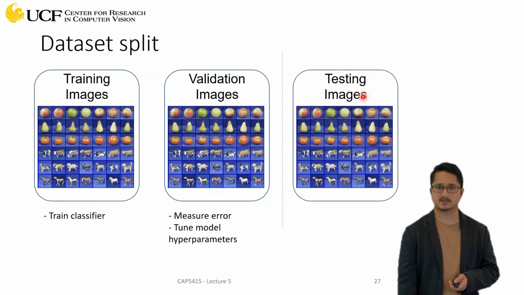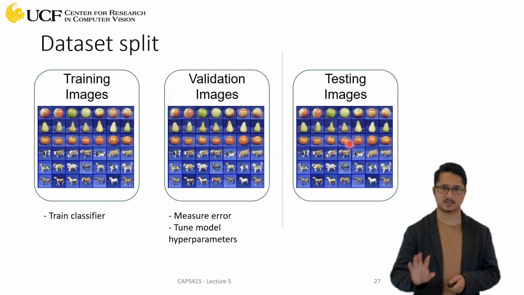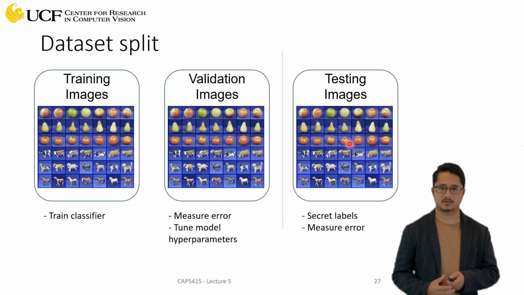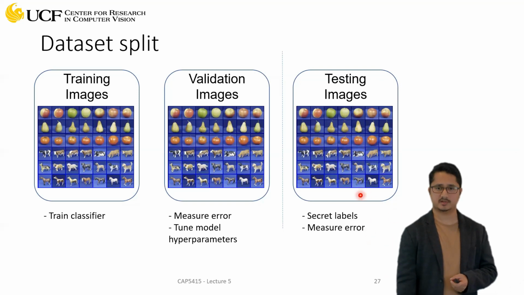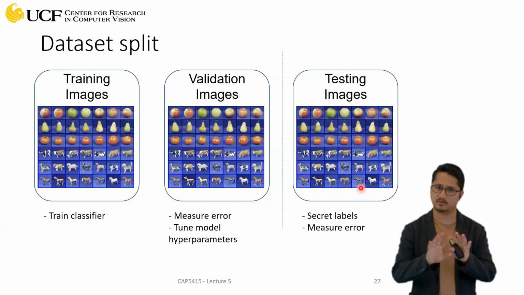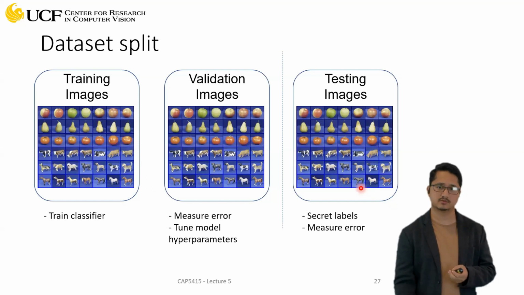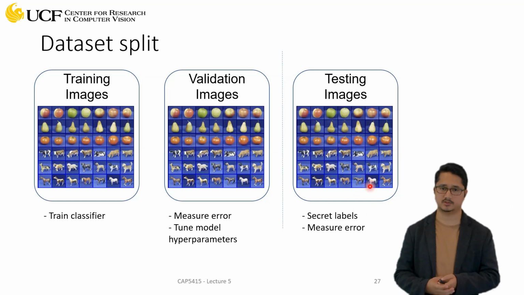Okay. Now the third set, this is important. These are testing images. When you're training your model or learning your features, you will not touch these images at all. Okay, so these are kind of hidden images, and the labels will be secret. Eventually, when you say, okay, now I have a perfect model, then you will use that model to just test on these images. And that will tell you how good your model is doing.